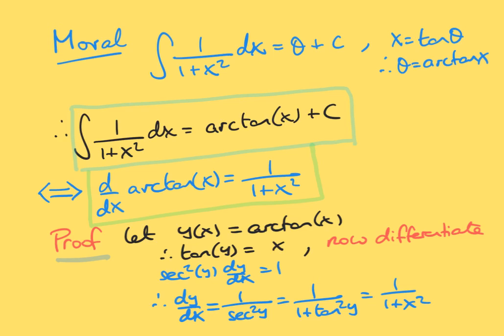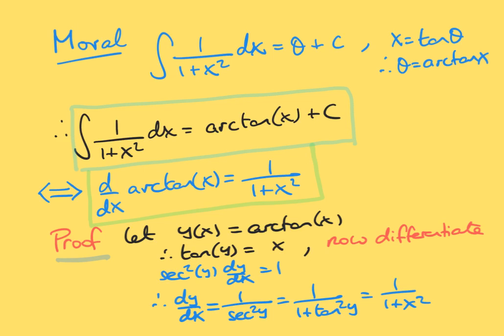So what I'd like to do to complete the video is just to calculate this by differentiation. So let's say y of x is the arctangent of x, and we want to find its derivative. We take the tangent of both sides. We're using implicit differentiation. So we get the tangent of y, and that is, of course, really the tangent of y of x. It is a function of x.